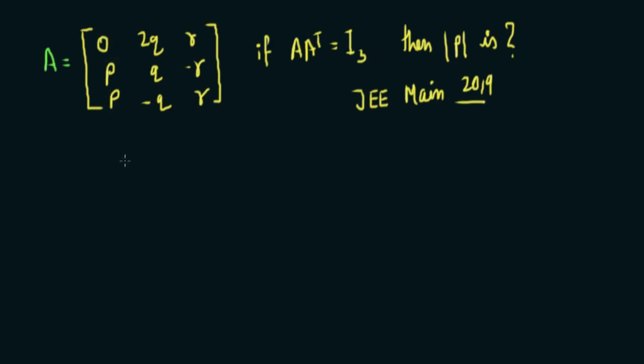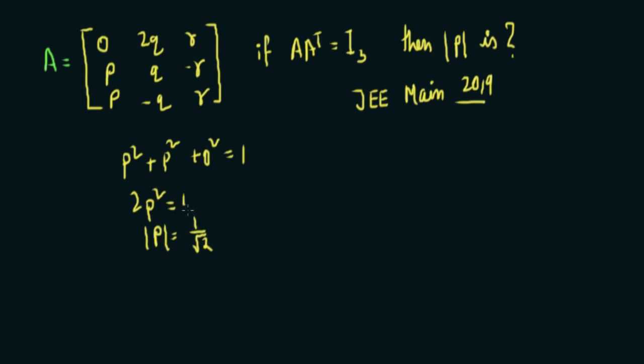The magnitude would be p squared plus p squared plus 0 squared equal to 1. You need to take a square root as well, and when you square both sides, obviously 1 squared would be 1 only. So you get 2p squared equal to 1, so modulus of p equals 1 by root 2.